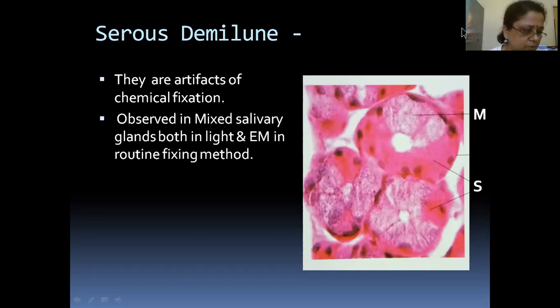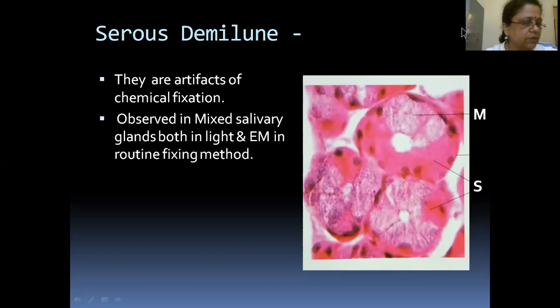This fixative causes swelling of the mucinogen granules in the mucus secreting cells. So this pushes the nucleus of the cell towards the basal lamina, and under the pressure of the mucinogen granules, it becomes flattened, as I told you just now. These swollen mucus cells also push the pyramidal shaped serous cells towards the periphery of the acinus. So it appears as if the mucus acini has a crescentic shaped cap, the serous demilune of the serous cell.